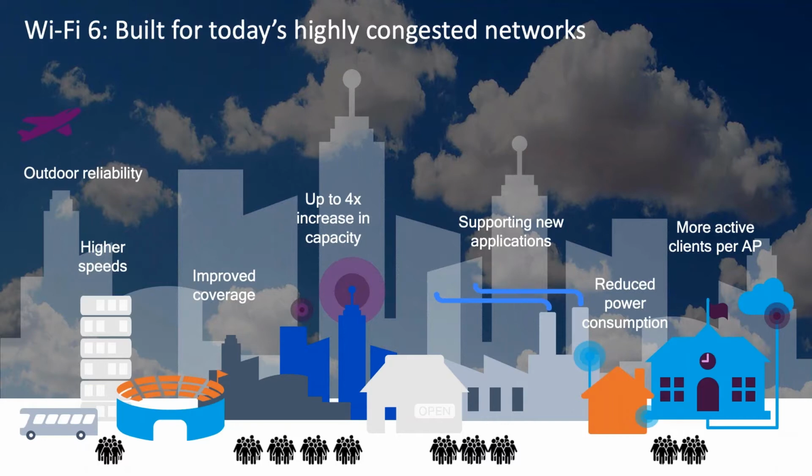So outdoor reliability, more reliable outdoors, higher speeds overall, improved coverage, up to 4 times increase in capacity, support for new applications, reduced power consumption on your end devices, like your phones and IoT devices, things like that, and more active clients per AP. So this seems like an unrealistic list of all these things that can be improved with one generation of Wi-Fi, but it truly is.